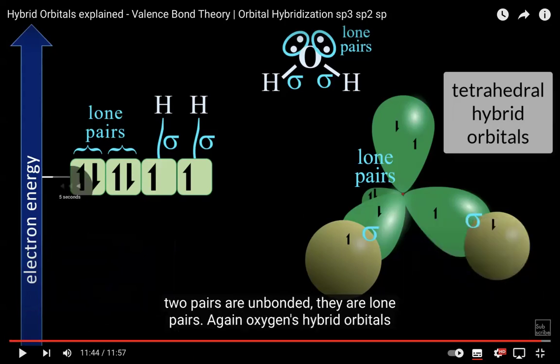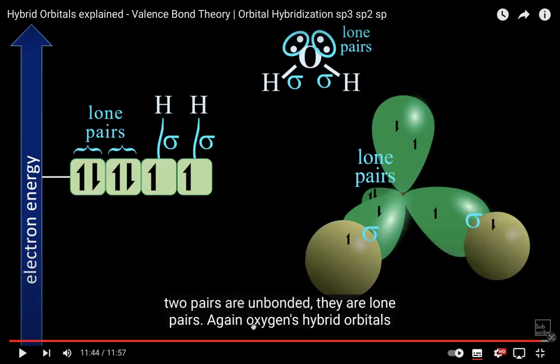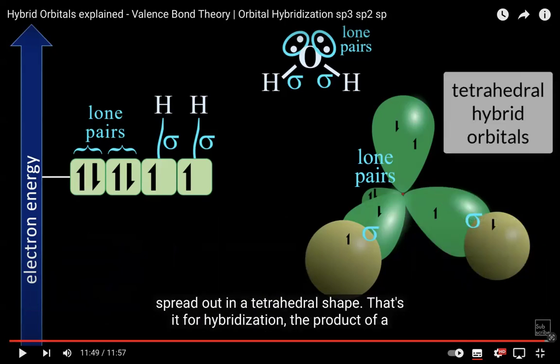If I go a little back, they are saying oxygen's hybrid orbitals spread out in a tetrahedral shape. So they are talking about the orbitals of oxygen that are tetrahedral, right? Yes, sir. But if we come to the shape of the molecule, as we have told you, we ignore the lone pairs when making the shape, and we consider it as bent because there are 2 atoms.